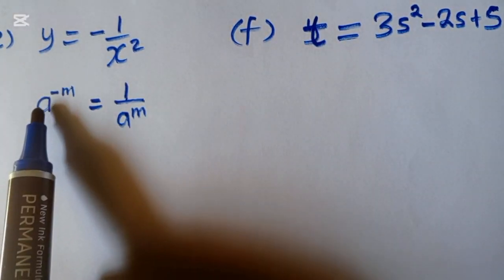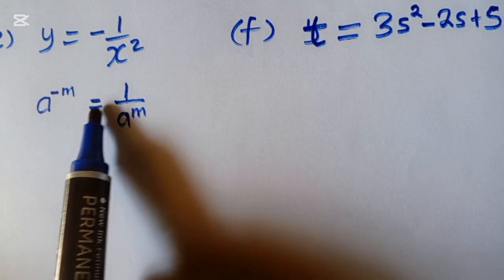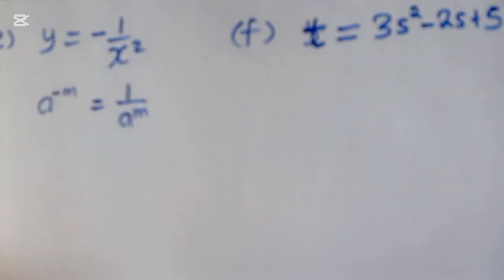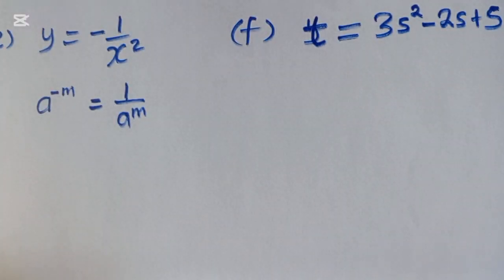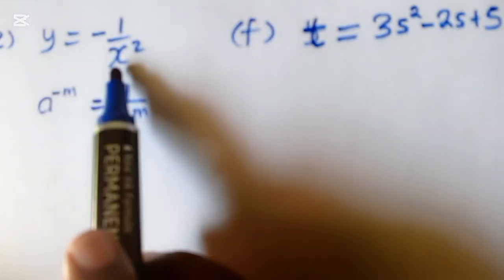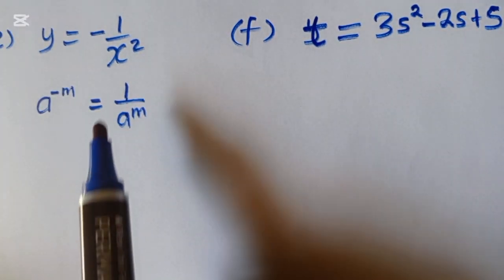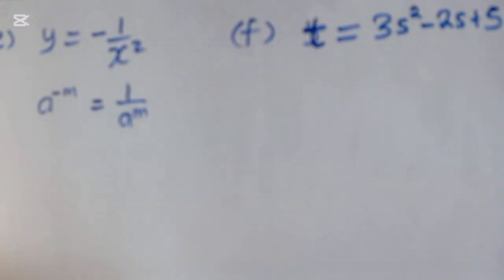So a to the power negative m is the same as 1 over a to the power m. So 1 over x to the power 2 means x to the power negative 2.